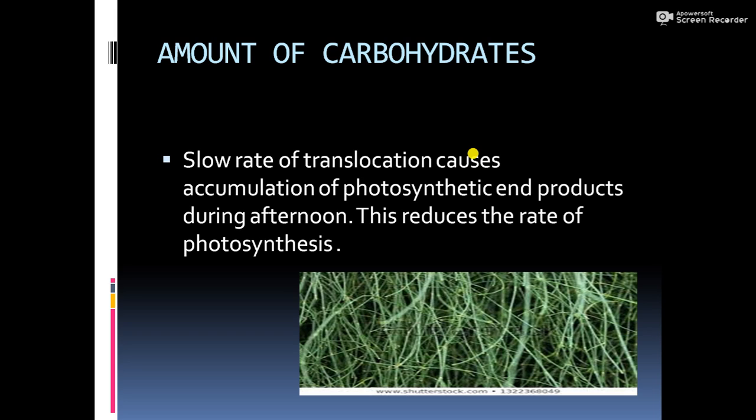Amount of carbohydrates. Slow rate of translocation causes accumulation of the photosynthetic end product, that is glucose, during afternoon.